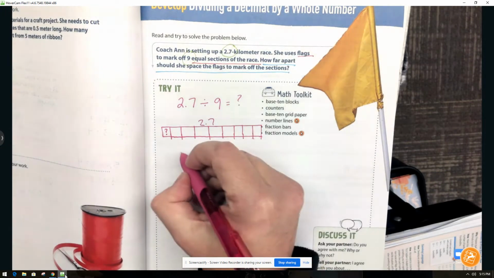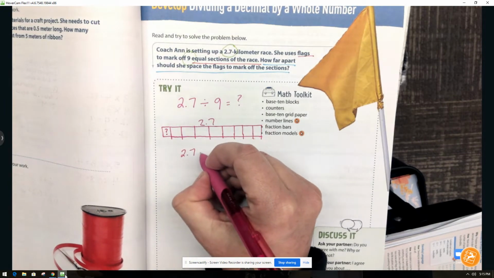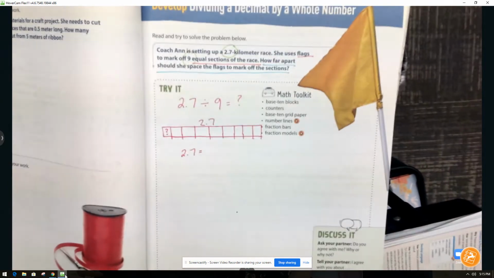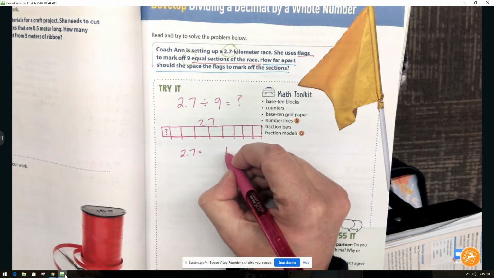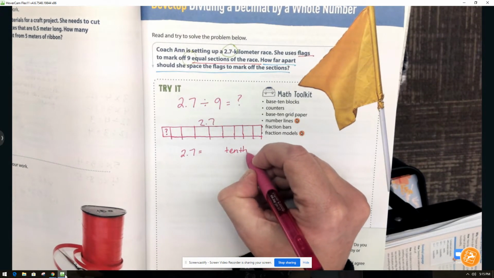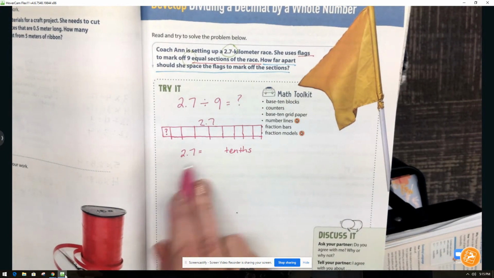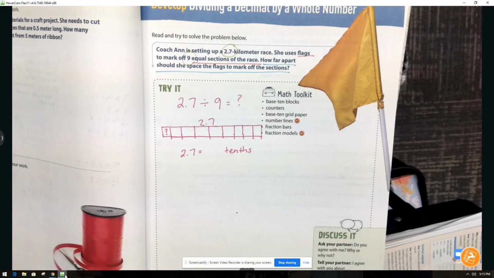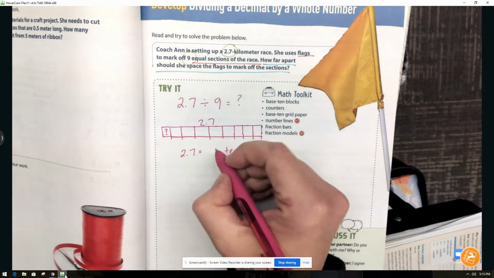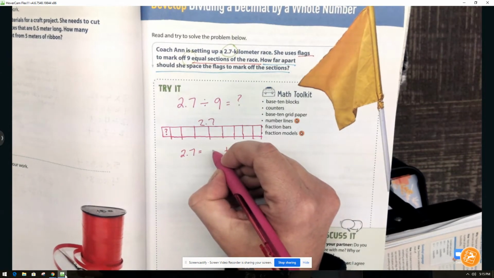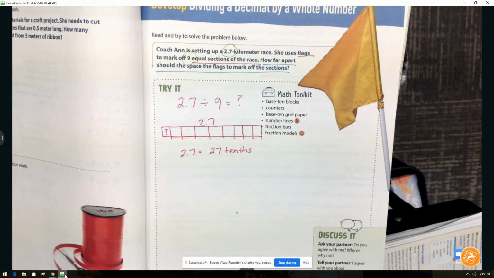So here's one way to solve it. We can think of 2 7/10. How can we think of that just in tenths? How many tenths is 2 7/10? That's right. It is 27/10.